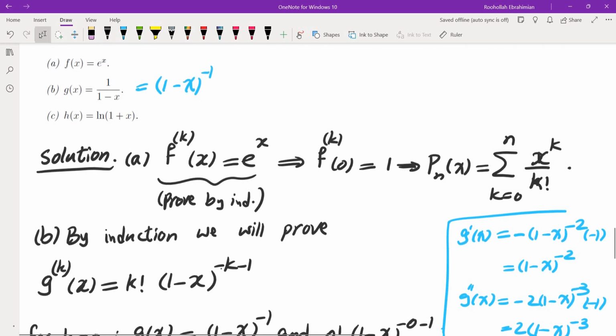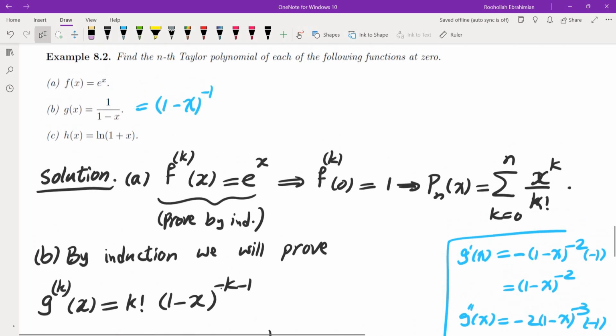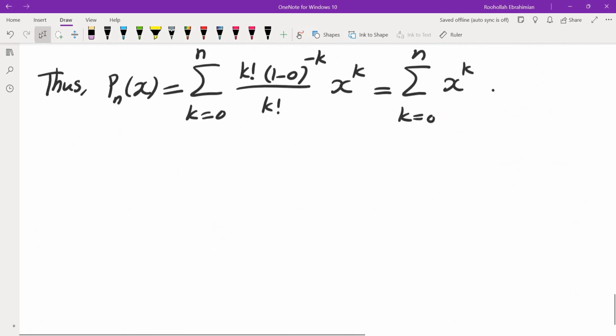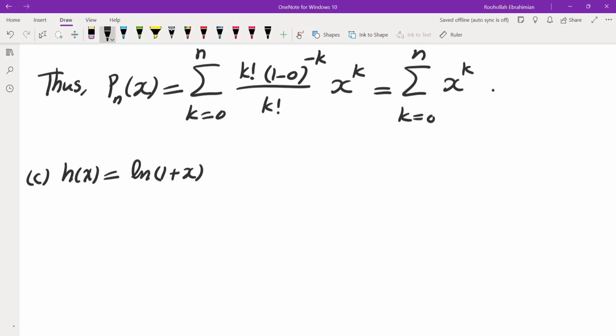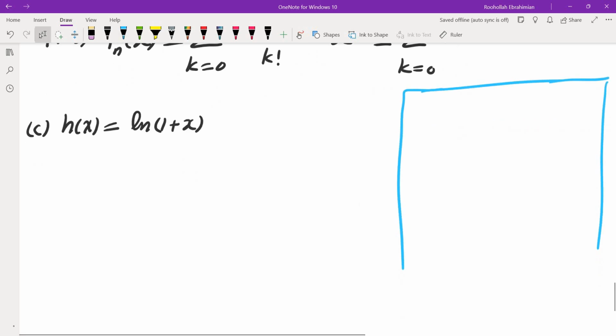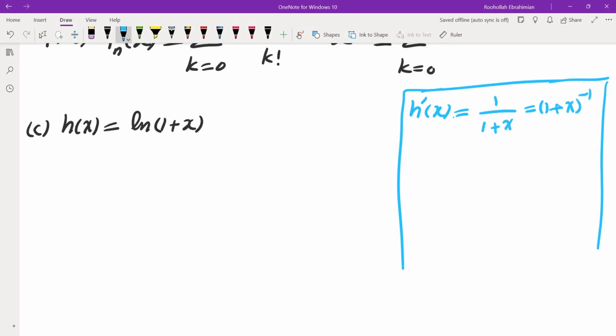Okay. So the last one is natural log of 1 plus x. So h of x is natural log of 1 plus x. We're going to do the same thing: find a bunch of derivatives, see what the pattern is, and then prove that by induction. So h prime of x is 1 over 1 plus x, which we can write as (1 plus x) to the power of -1.